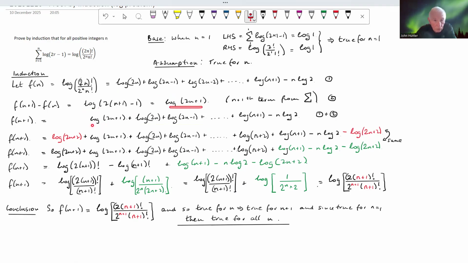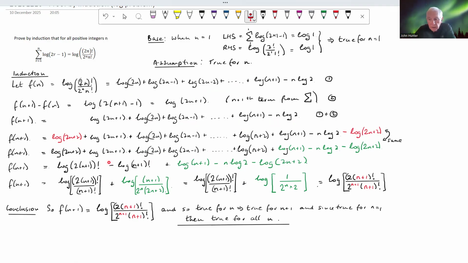This term we'll put up front here, and then this lot is just what we've got on this line. Right, so that's what we've got. Log of f of n plus 1 is log of 2n plus 1 plus log of 2n plus log of 2n minus 1, and so on, all the way down to log of n plus 1. And then we've got the subtracting of this term here.